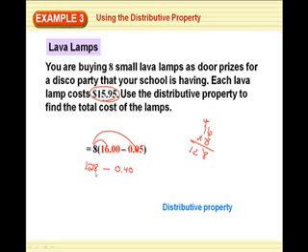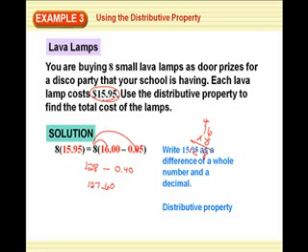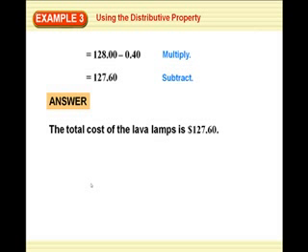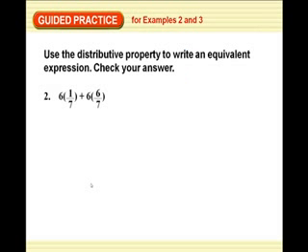So $128 minus 40 cents would be $127.60. Minus the 40 cents, subtract it, $127.60. The hardest part on that one is seeing that $15.95 can be written as 16 minus 5 cents.